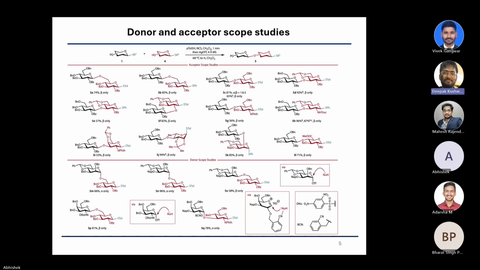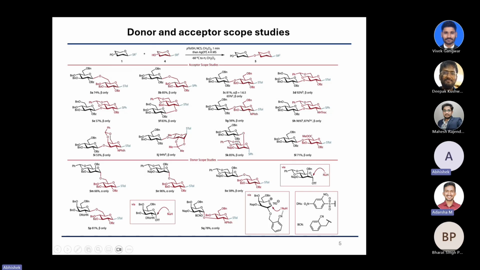So here they have shown with some C2 OBn protecting group. There also they have got this beta product because of benzyl protection. But what in this 5Q? C2 OBn. Like in all cases, C2 is OBz.